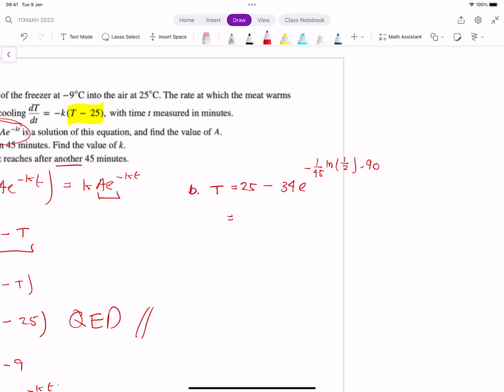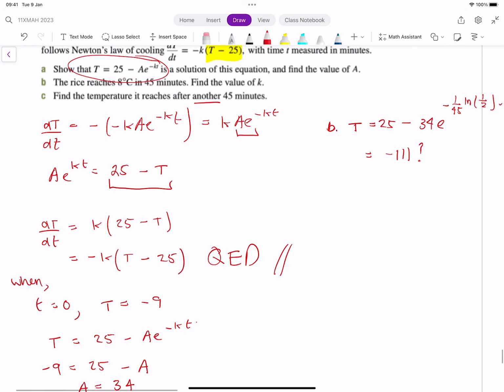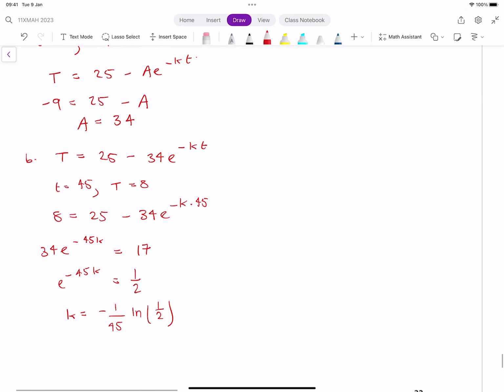I purposefully did this, and the first time I did this problem, I made this same mistake. So I wanted to show you in the video this mistake that I made. So when I do that, I get minus 111. Well, that doesn't make sense. How on earth could it be heating up and we get minus 111? Well, the reason is because k itself down here is negative.